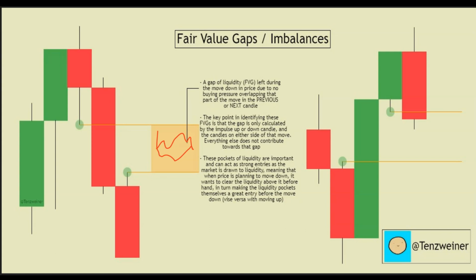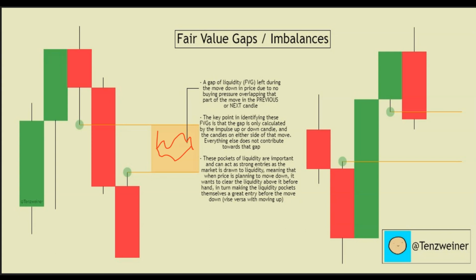The key point in identifying these fair value gaps is that the gap is only calculated by the impulse up or down candle and the candles on either side of that move.